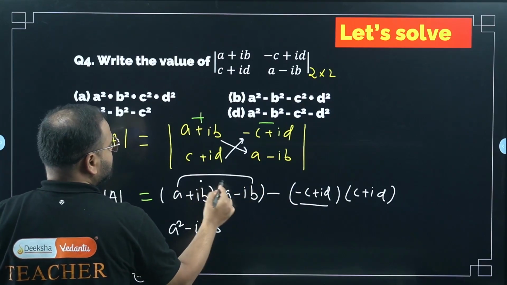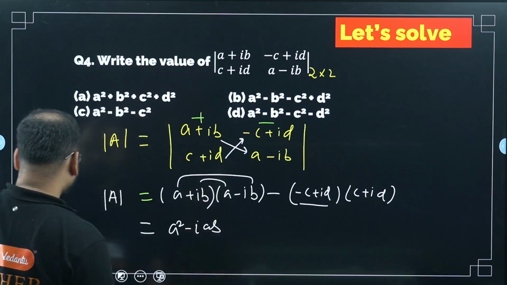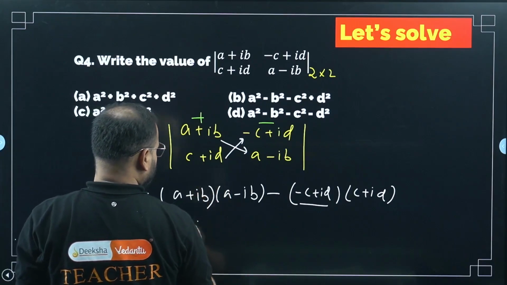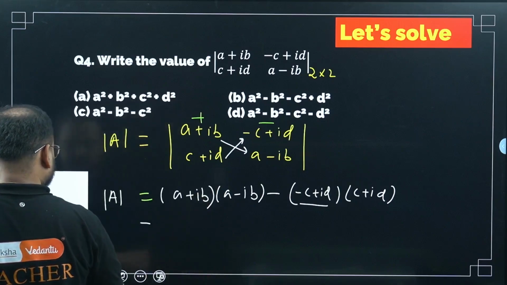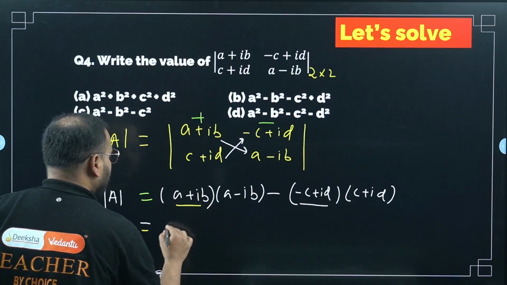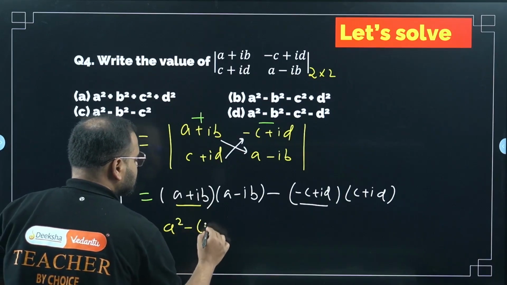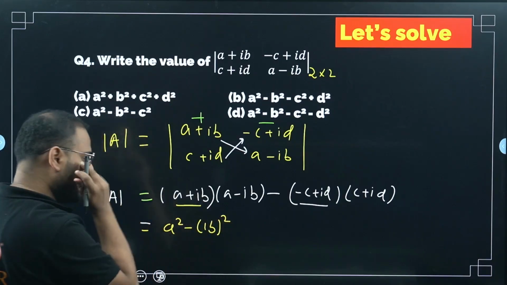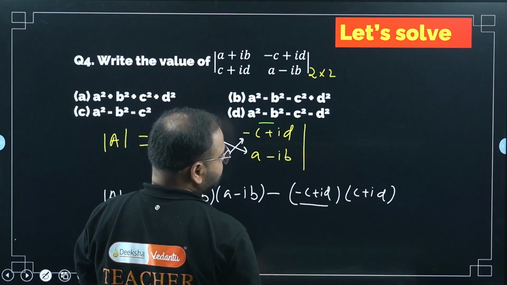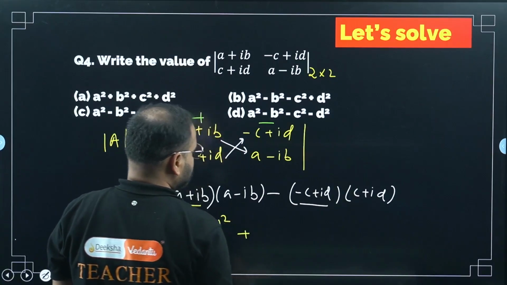Now if I do this with this also, what I get? Okay, I don't have to do that. Why, sir? The formula is there, a plus b, a minus b. The formula is a square minus b square. B is ib, not a problem. Over here, yes, same thing, sir.